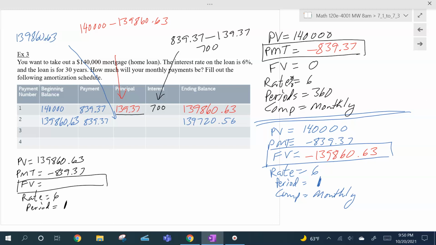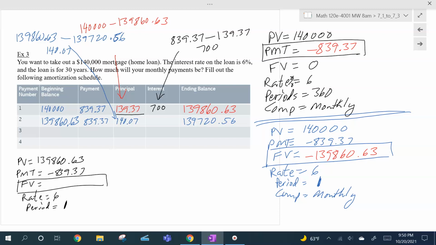I paid 839.37, and now I owe, after my payment, 139,720.56. So the difference between those is $140.07. So a little bit more this time went towards our principal. A little less than $1 more, right?